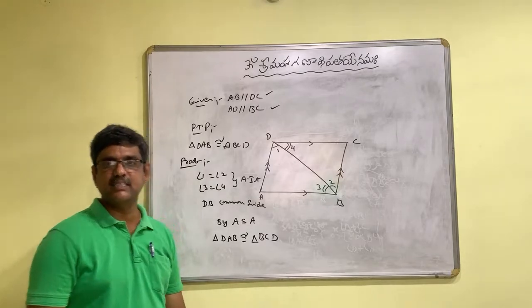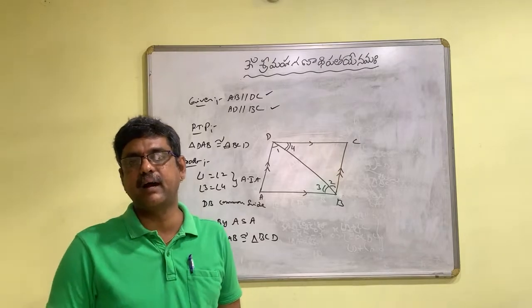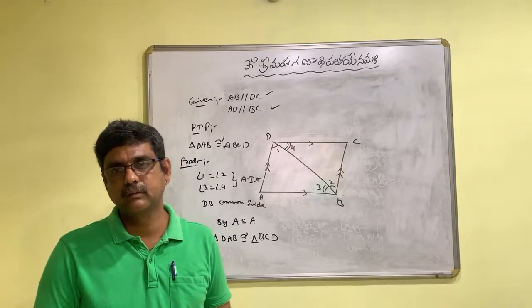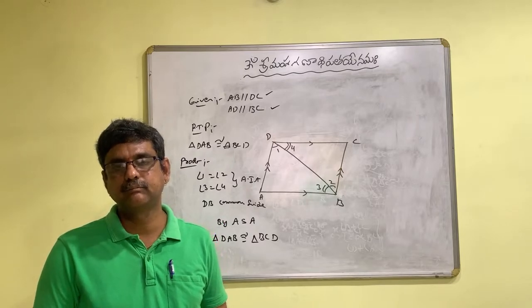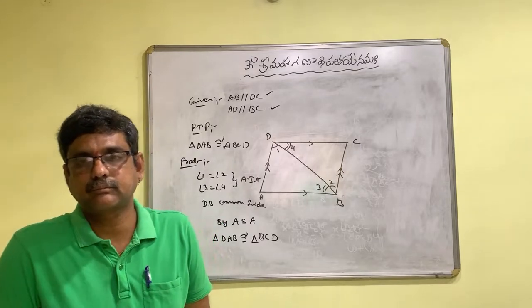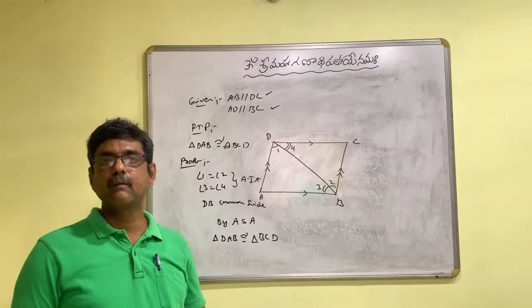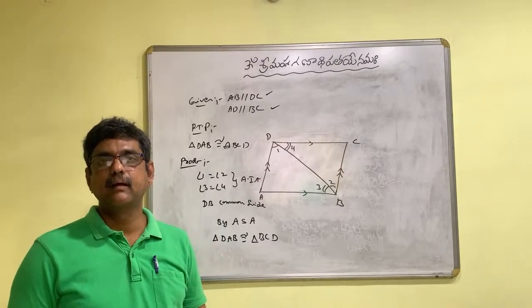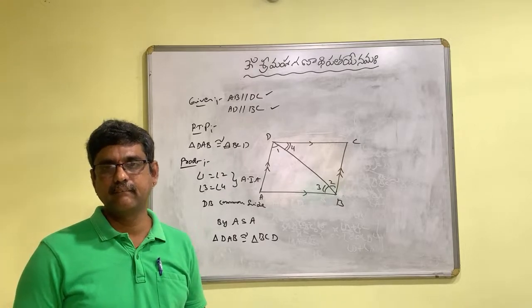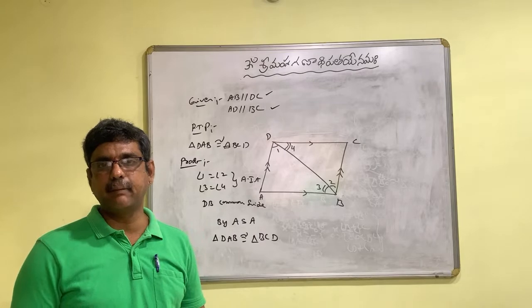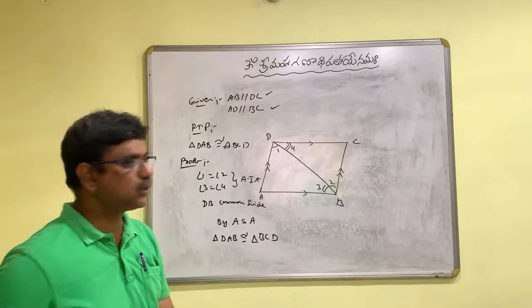Can anyone say what are CPCT parts? Triangle DAB congruent to BCD by ASA. What are CPCT parts? AB is equal to BC now.